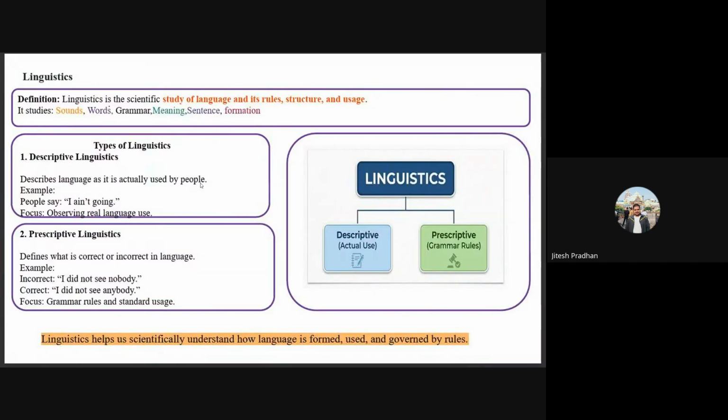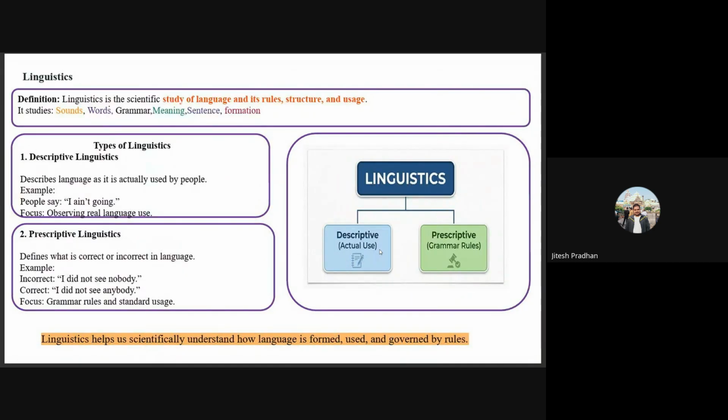Now we have two types of linguistics: descriptive linguistics and prescriptive linguistics. What is descriptive linguistics? It describes language as it is actually used by people. For example, people say "I aren't going."